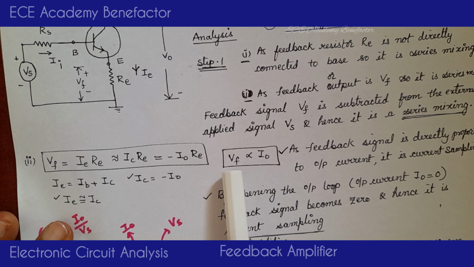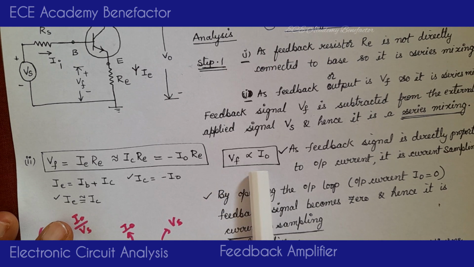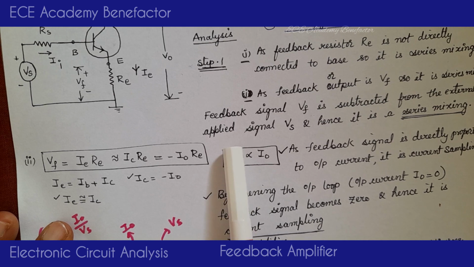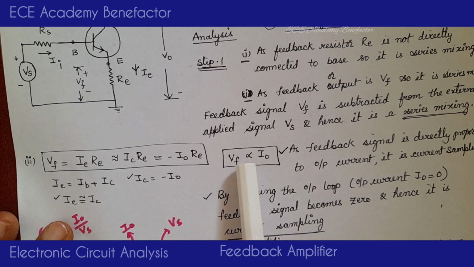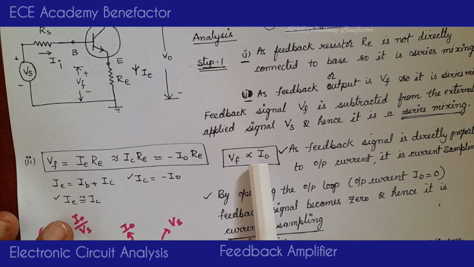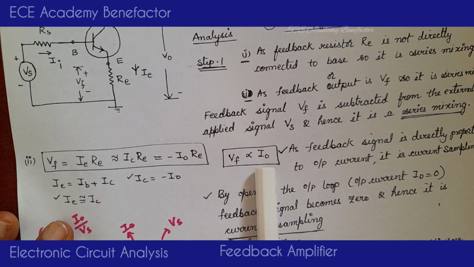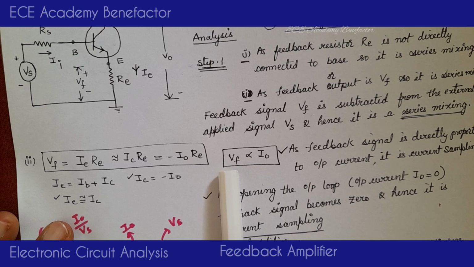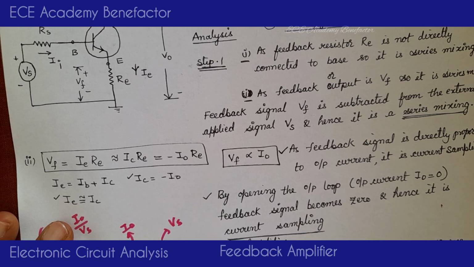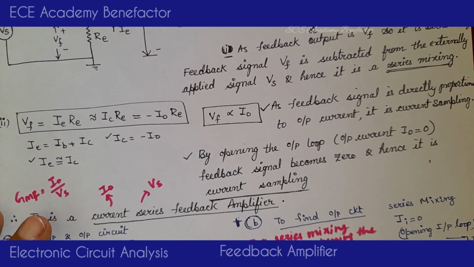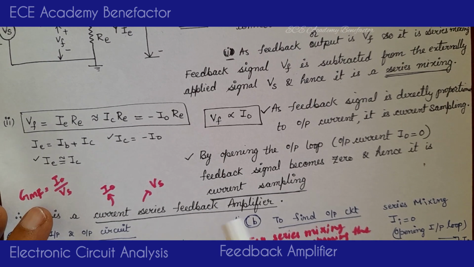As the feedback signal is directly proportional to the output current, it means it's a current sampling. So this is one way of telling that when the feedback signal is directly proportional to output current, it is current sampling. Whereas when we are following the steps to understand why it is current sampling, we can say it in another way.